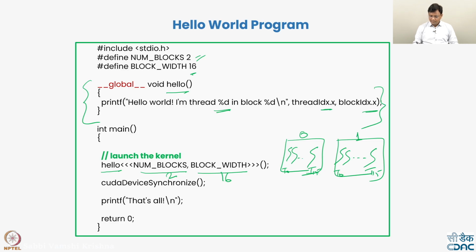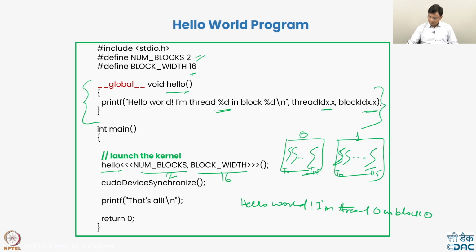So, it will print like that: hello world, I am thread. Suppose the thread ID in the x direction is 0, it will print from block 0.